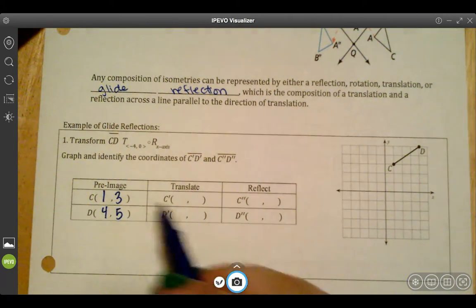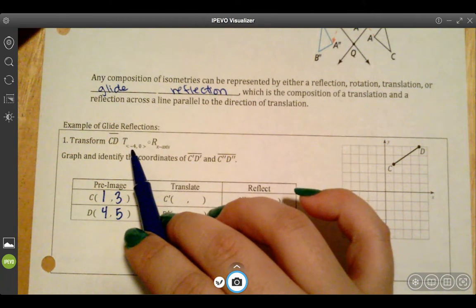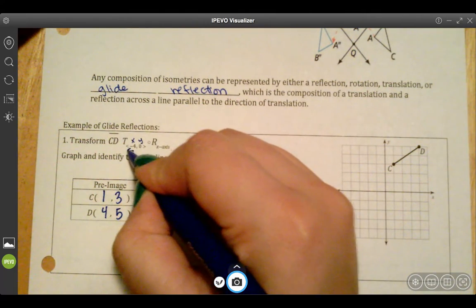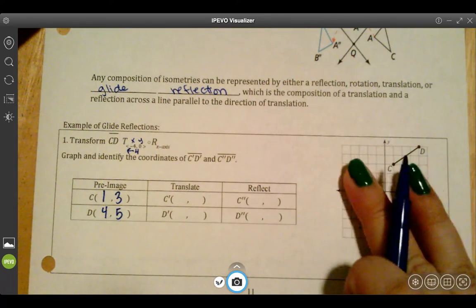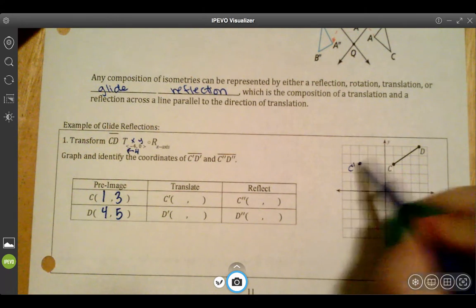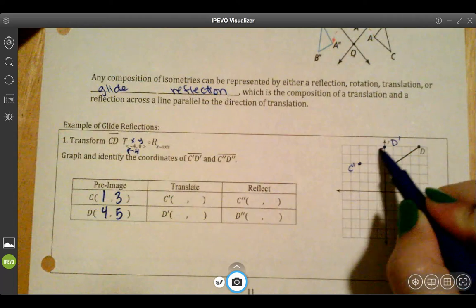And then we'll translate first. So I'm translating by this vector here, -4, 0, x, y. So this is going to the left by 4, and it doesn't go up or down. So I'm just going to slide this right over 4 units. 2, 4, there's C prime, 2, 4, there is D prime.